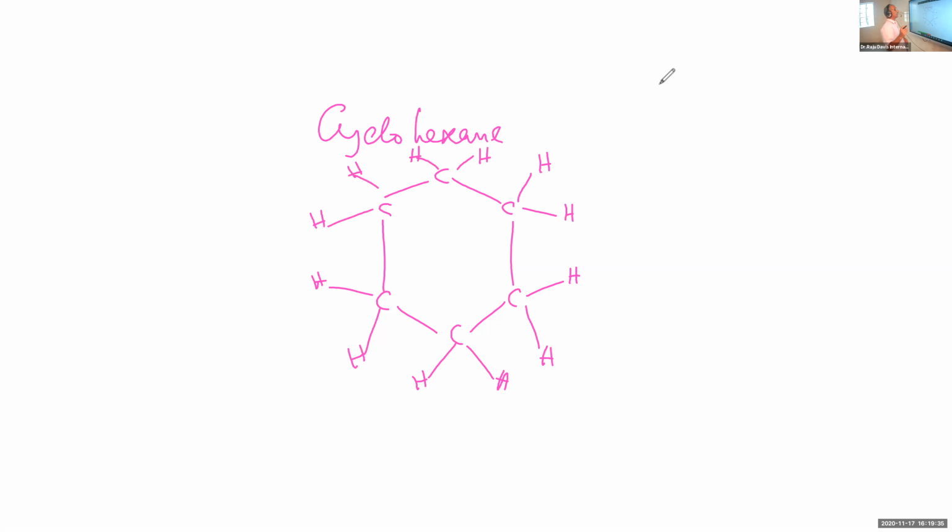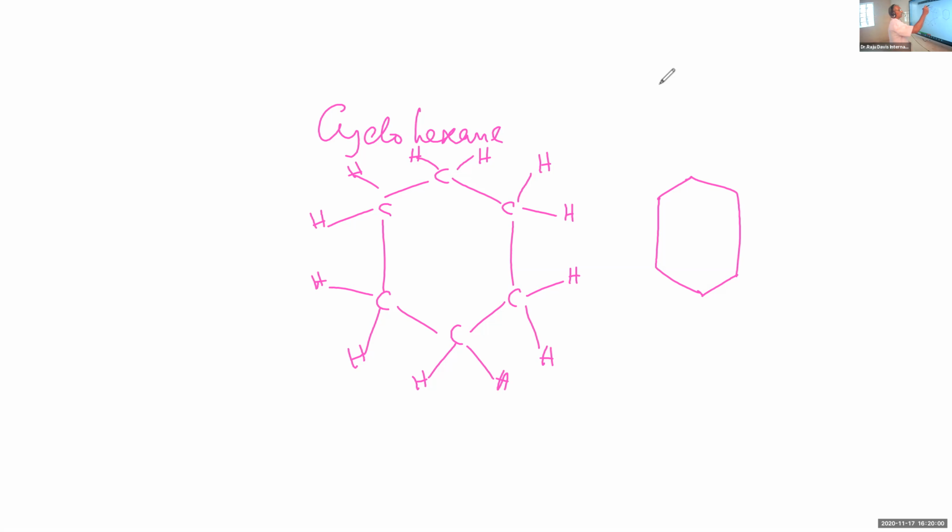Now you hide carbon and hydrogen atoms. Then what do you get? You will get the shape of a hexagon. So in maths, geometry, it is a hexagon. But in chemistry, it is cyclohexane.